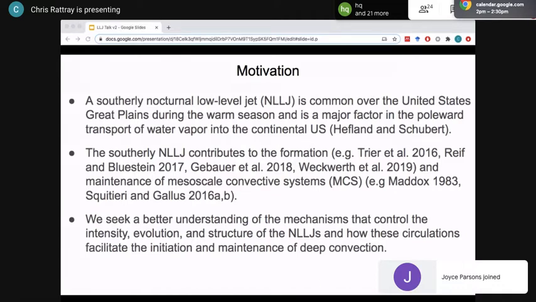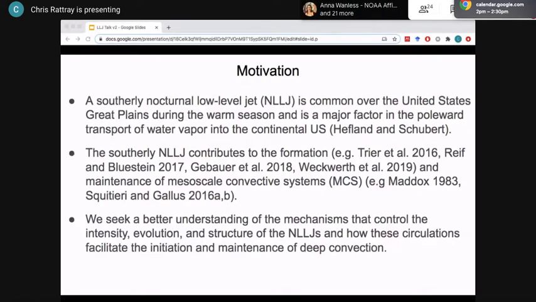Nocturnal low-level jets are common over the United States during the warm season. They typically have a strong southerly component, which has been identified as an important source of moisture transport for the region.